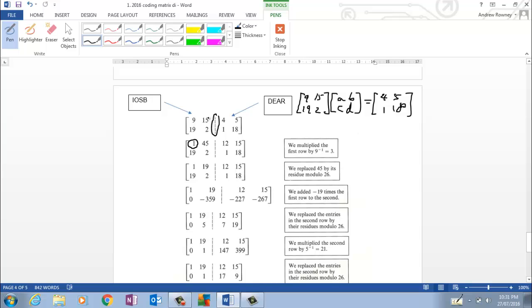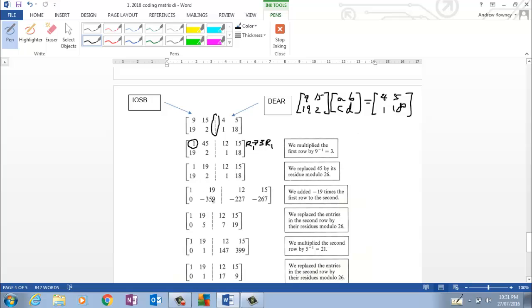If you do 15 times 3, you get 45, 4 times 3, you get 12, 5 times 3, you get 15. So this whole row here, we write like this: row 1 has become 3 times the old row 1.